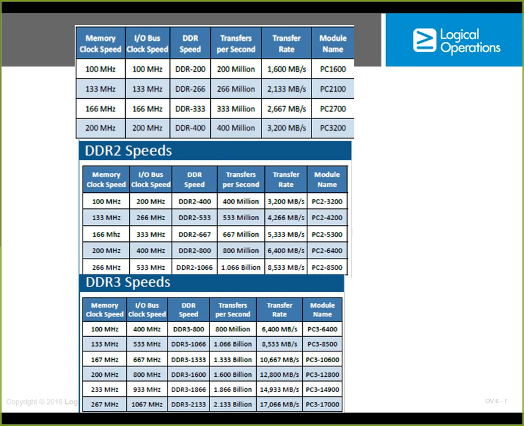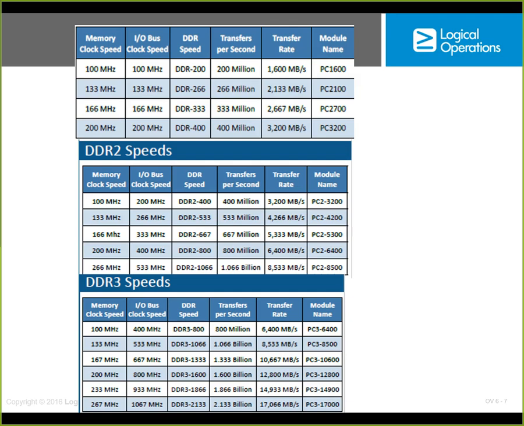PC is going to be DDR, and on down to the DDR2 100 megahertz clock. The I/O bus clock here, instead of 100, is going to be 200 megahertz, twice as fast. DDR2-400 transfers per second, 400 million, and we multiply that by 8 to get megabytes per second, 3200 megabytes per second.